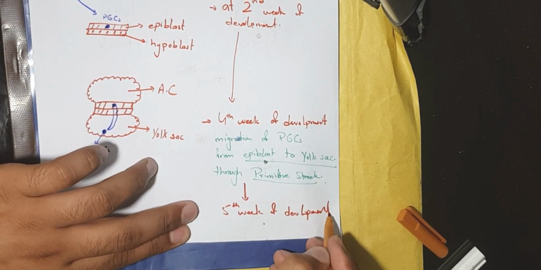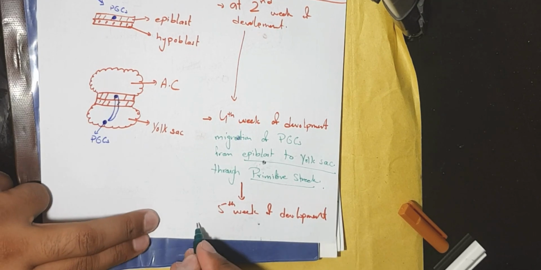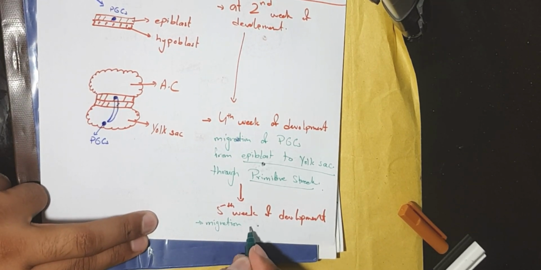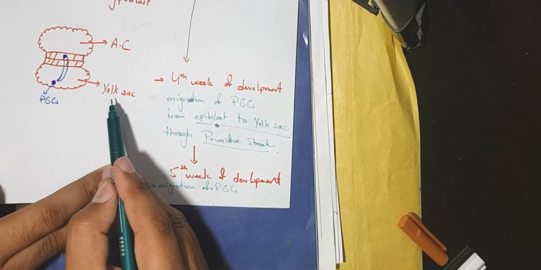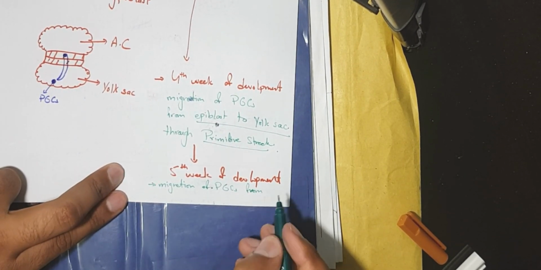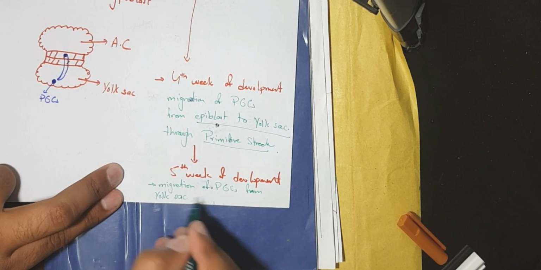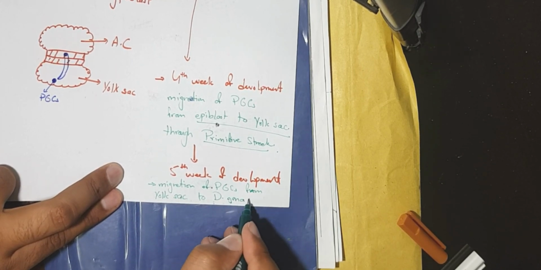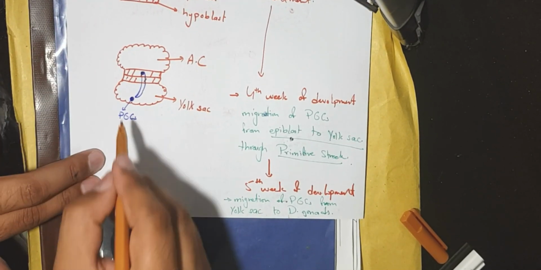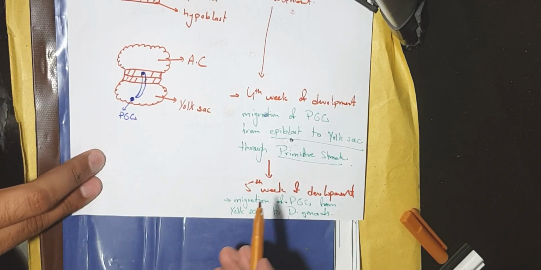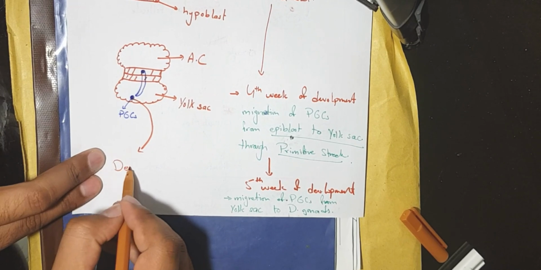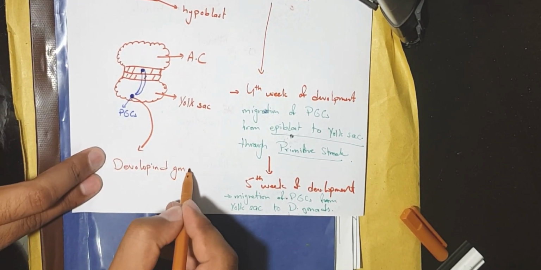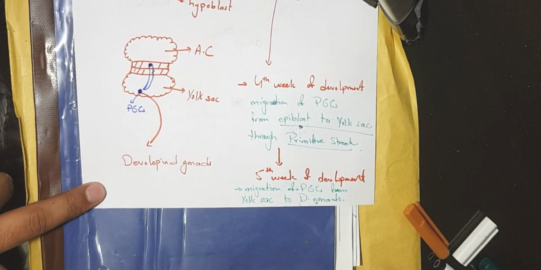Now in the fifth week of development, these primordial germ cells which have already arrived at the yolk sac will migrate from the yolk sac towards the developing gonads. The developing gonads are two different structures in either gender.